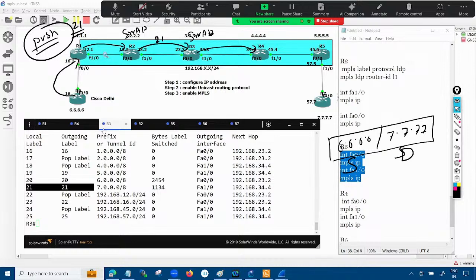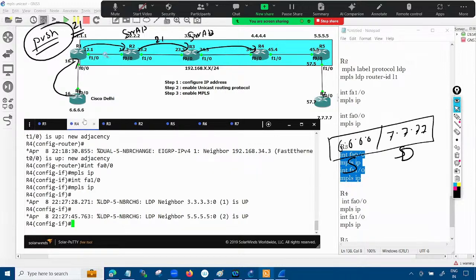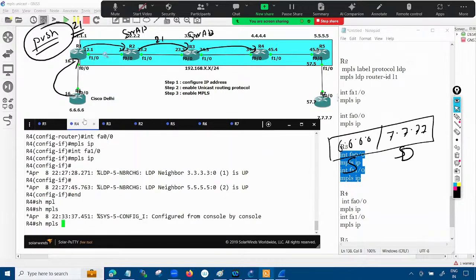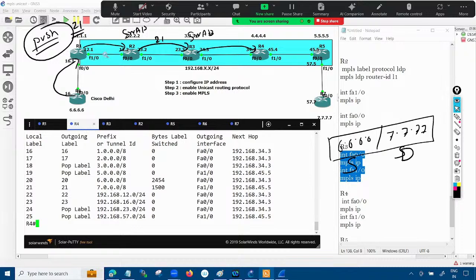When R4 receives this packet, it will again do the swap operation. If you remember, I told you that labels could be duplicate, and it's happening because labels are local to the router. On the local router it will be unique, but router by router it could be duplicate.